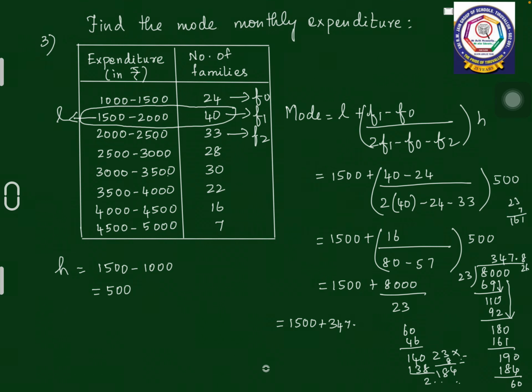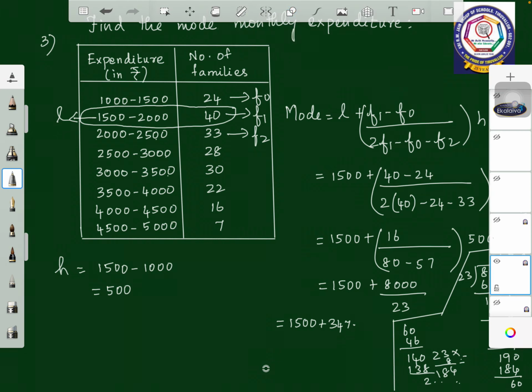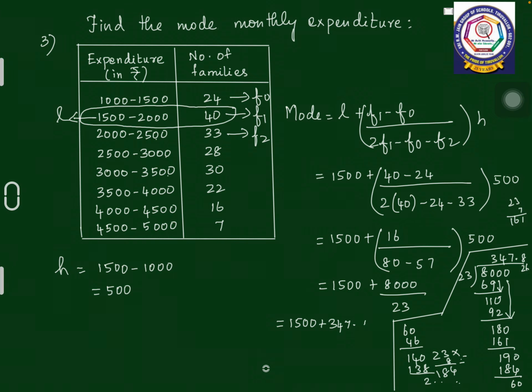Okay, so here you get 347.83. So it is 1847.83. Since it is the expenditure, you have to write the units as rupees. So rupees 1847.83. What is the mode monthly expenditure?